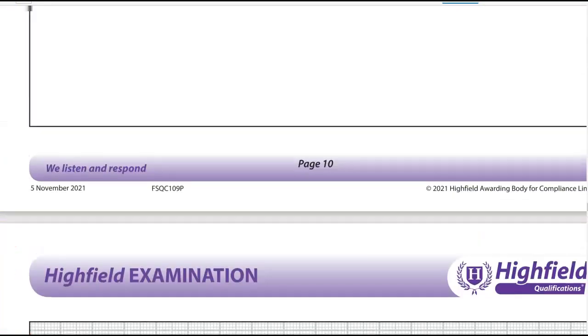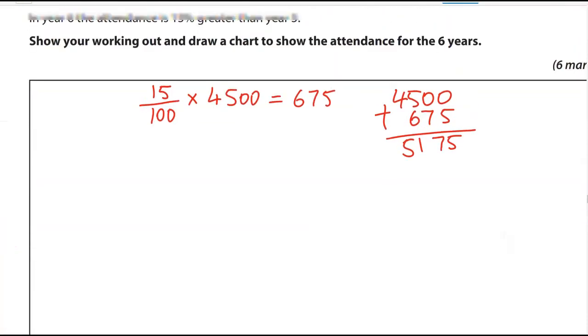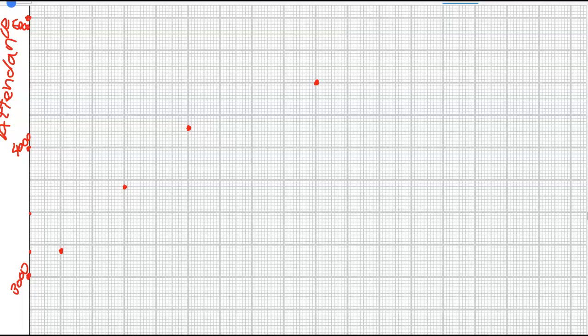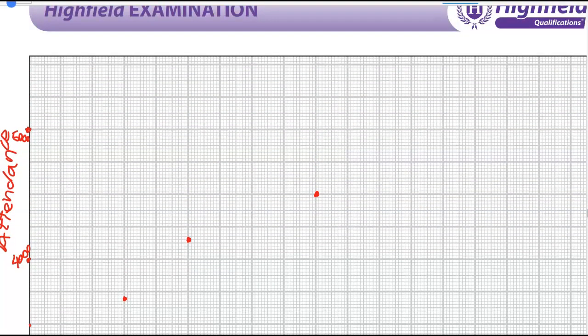And finally, the 6th year, 5,175. So 5,000 is here, 5,100, we're going 4 little squares up, so 1, 2, 3, 4, 50, that is 2 squares above that, 75, just 1 more square, so this will be the point.